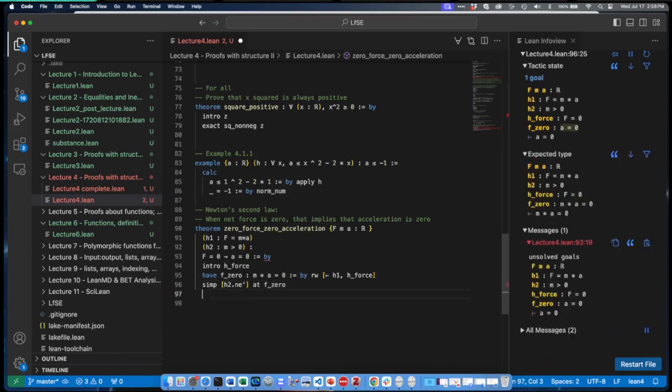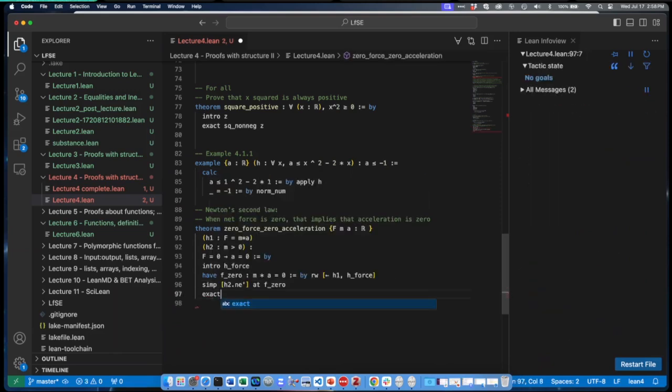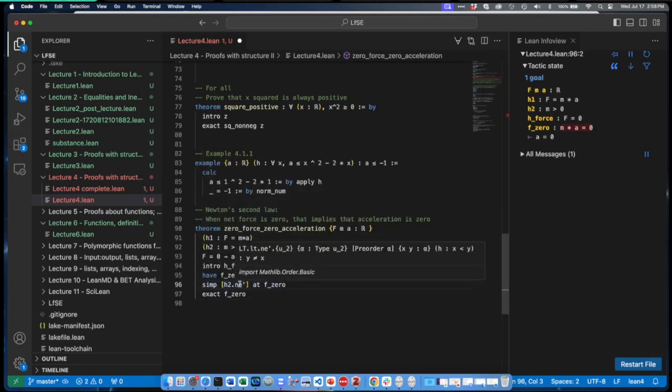I'll just get it all out here and then exact F0. Okay. No goals. Great. So this uses the less than not equal theorem from MathLib.